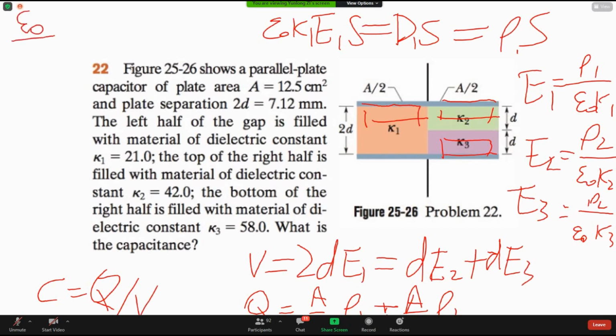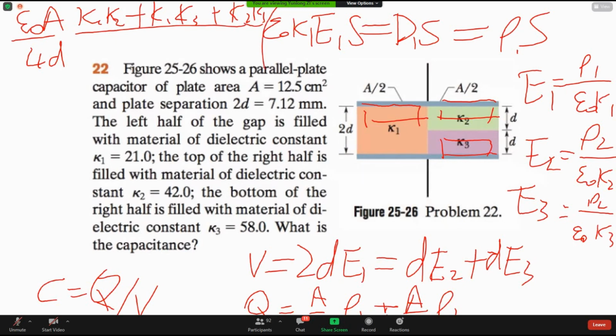It is epsilon 0 A over 4D, times the quantity kappa 1 kappa 2 plus kappa 1 kappa 3 plus kappa 2 kappa 3, over kappa 2 plus kappa 3, with a factor of 2 here. So that would be the final answer.